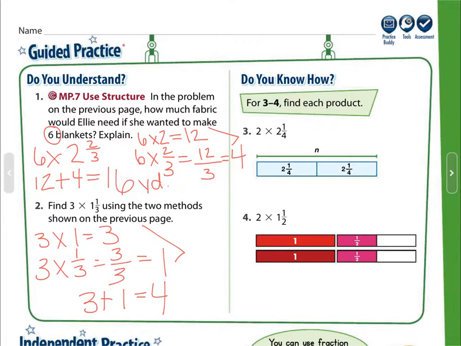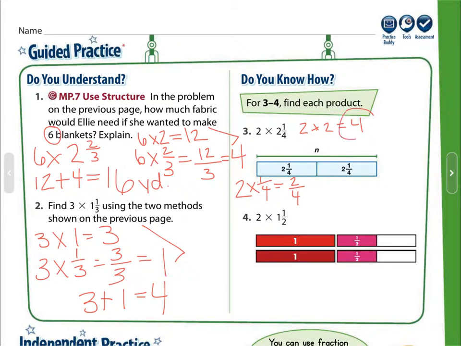All right, on to number 3. I'm going to do my whole numbers first. 2 times 2 equals 4. Then I'm going to do my fraction. 2 times 1/4 equals 2/4. Then I'm going to combine my parts.